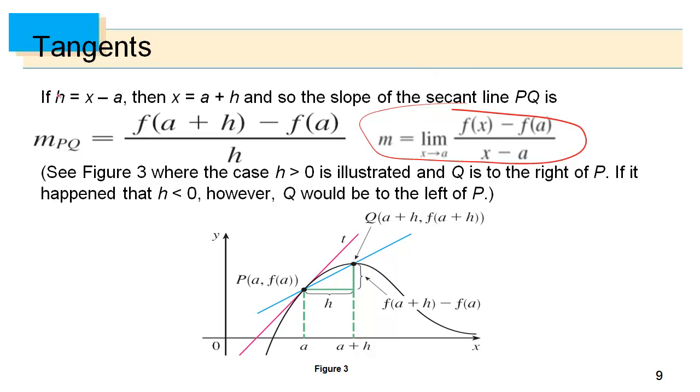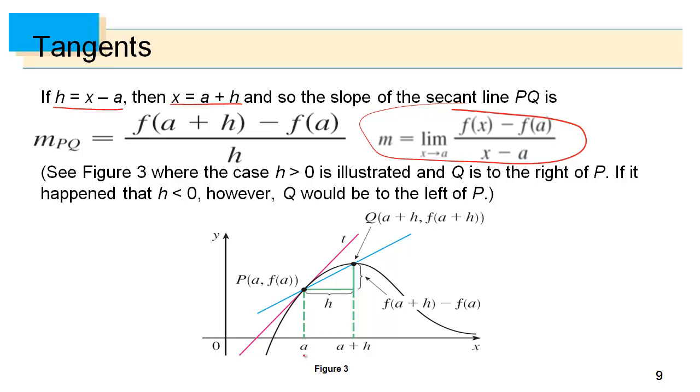We let x minus a equal h. Then by simple algebra, x just equals a plus h. And now instead of f of x, you have f of a plus h minus f of a, and then instead of x minus a, right, you have h. So this is just a simple substitution in between these two, right?